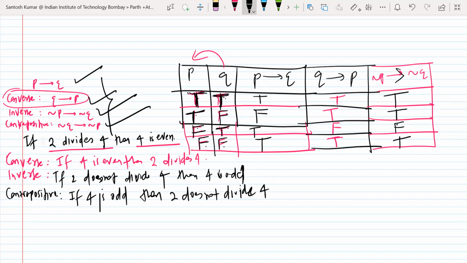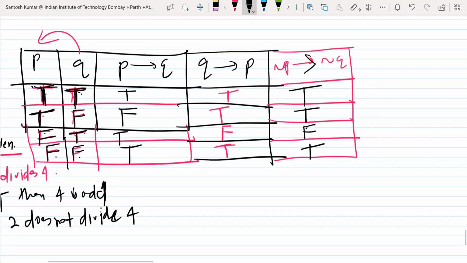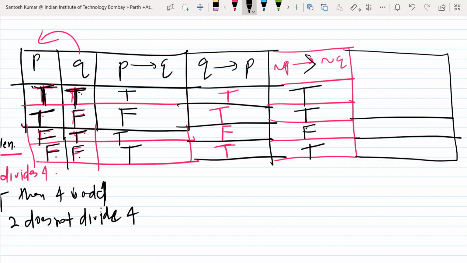So now the last thing remains is the contrapositive. So let's make the table for the contrapositive, not Q implies not P. So now you will see not Q implies not P, opposite of Q. So false implies false, true.